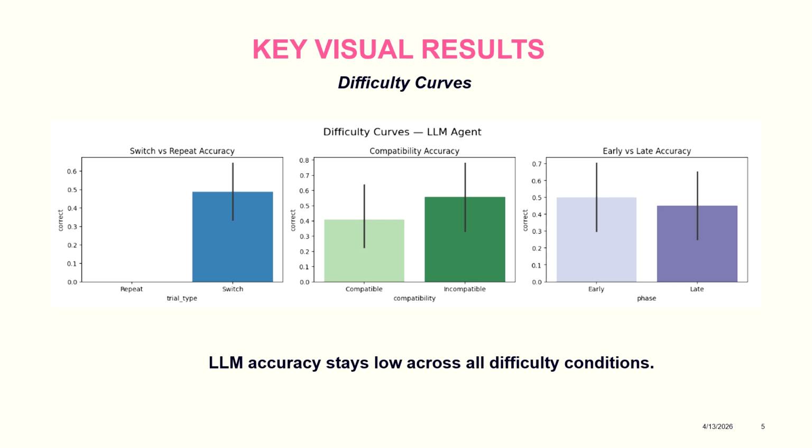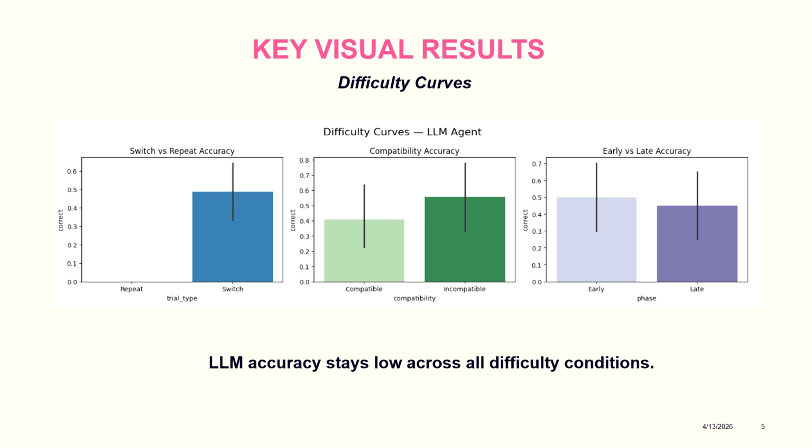In other words, the curve shows no meaningful improvement as difficulty decreases, which indicates that the model is not reliably applying the rules. So we can say that it may be guessing or failing to internalize the task structure.